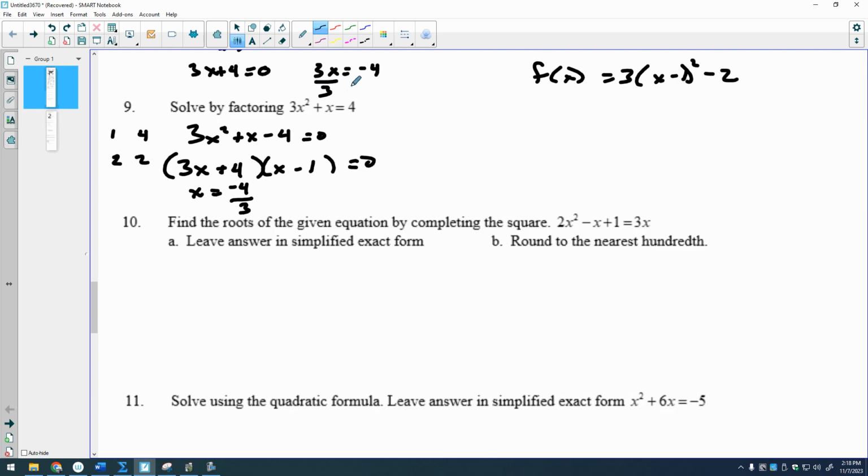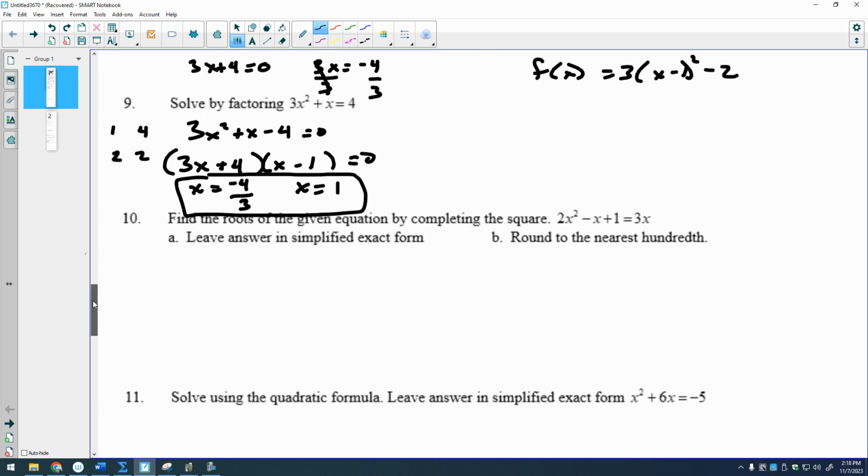And then I divide by 3, and that's why it is the opposite of this divided by this every time. Okay, this one's easy. What makes x minus 1 zero? When x is 1. So these are my two answers. The factoring is not the answer. The solving by factoring, that's my answer.